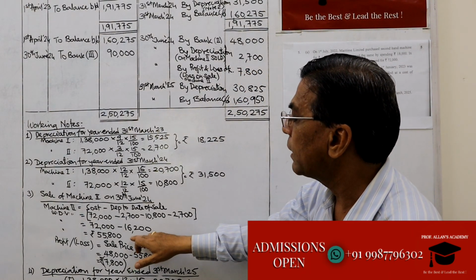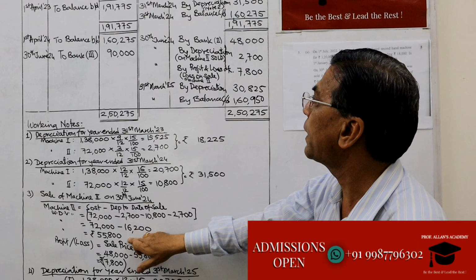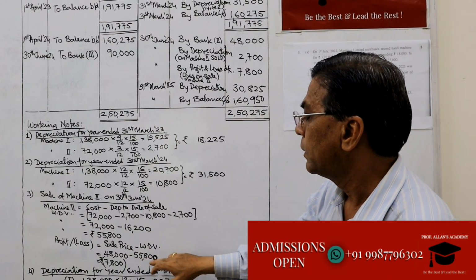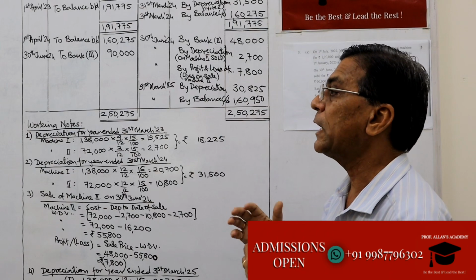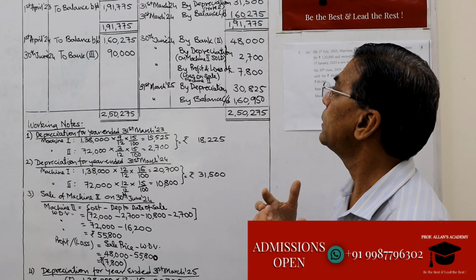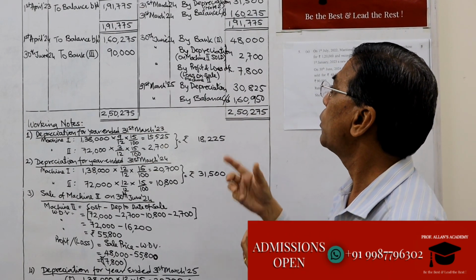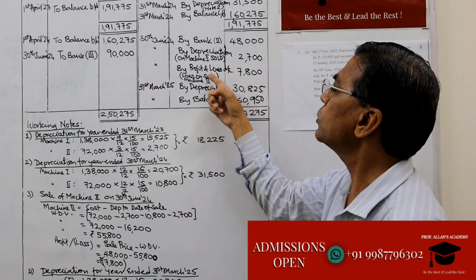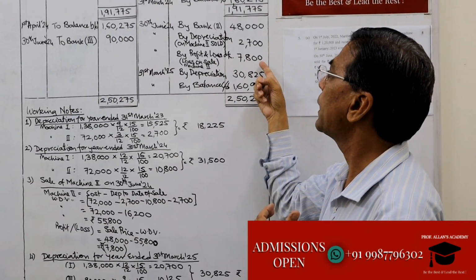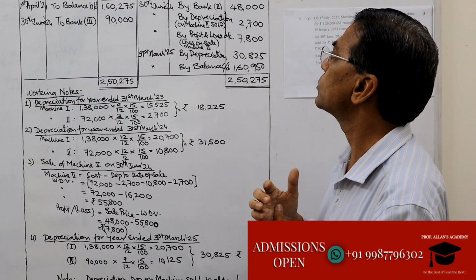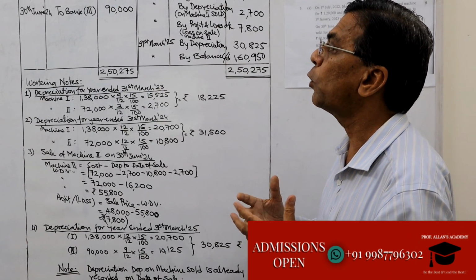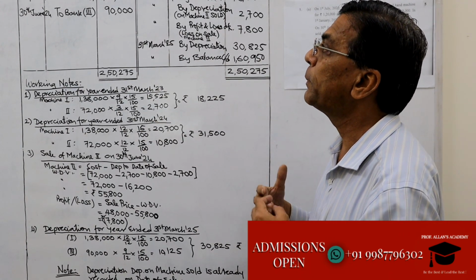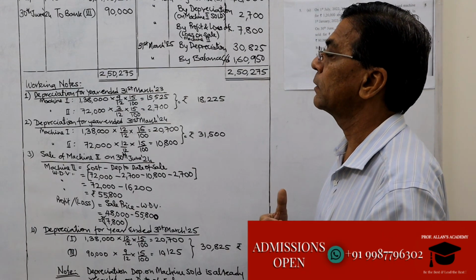And after that, we get the written down value as 55,800. The price at which it is sold is 48,000. So the selling price is less than the book value. Therefore, it's a loss, and the loss will be transferred to the profit and loss account. That's 7,800. Then on 30th June 24 of the same year, we are purchasing asset number 3.